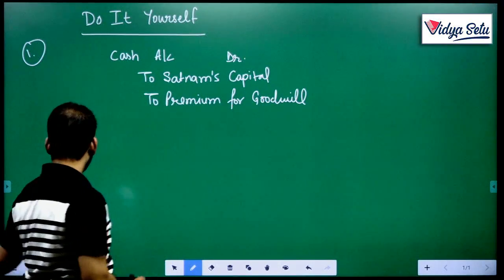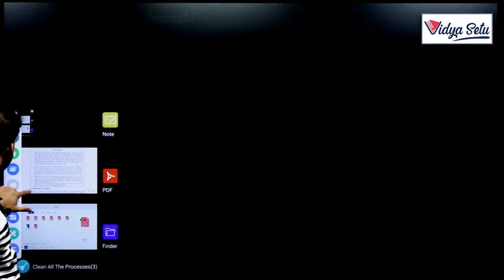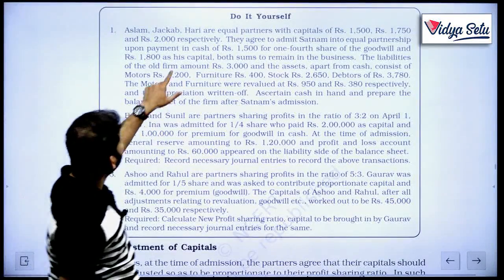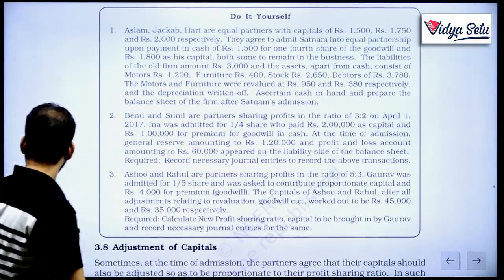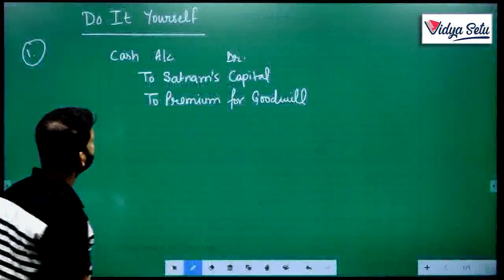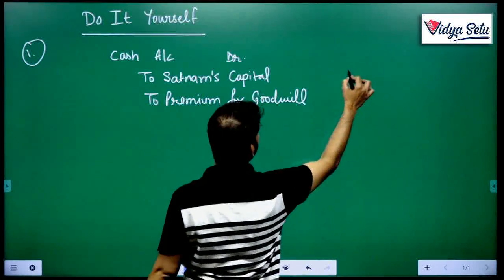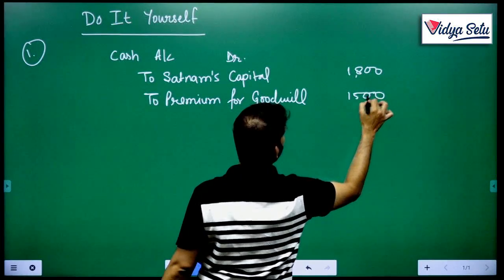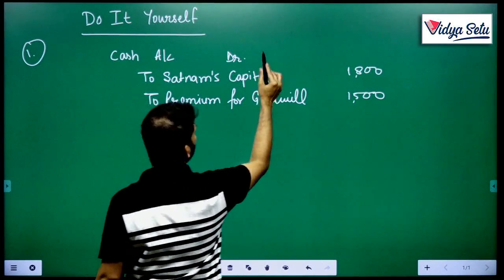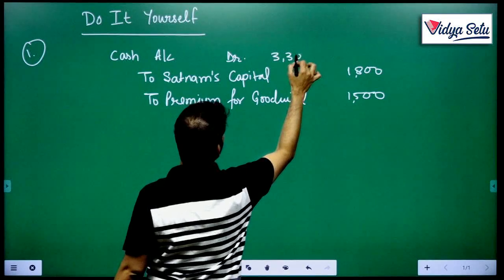Now let's see how much cash. 1500 and 1800 were the figures. 1500 for payment of goodwill and 1800 for his capital. That means he brings in a total of 3300.